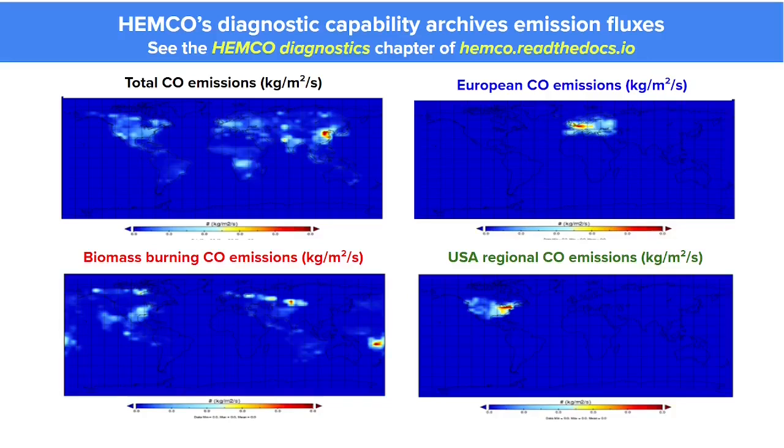HEMCO also has a comprehensive diagnostic capability to archive emissions fluxes. So, for example, you can archive total emissions, as shown here. You can archive emissions over a single region like Europe or the United States, or you can just archive a sectoral emission, such as biomass burning or anthropogenic or what have you.